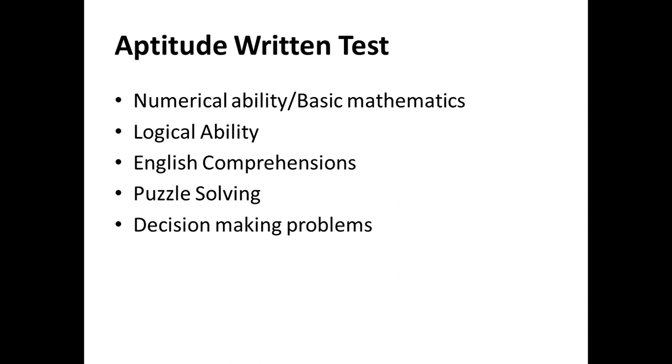Some companies will cover all these topics, or some companies will cover only a few topics in each for their aptitude test. This can be conducted by the company itself, or by third party consultancies before appearing for an interview.